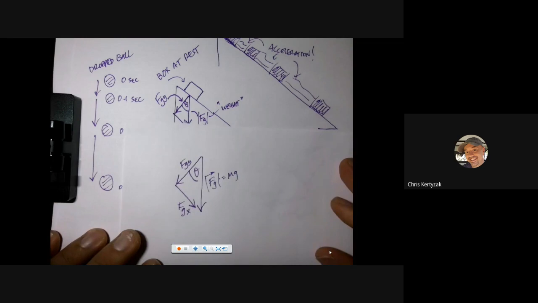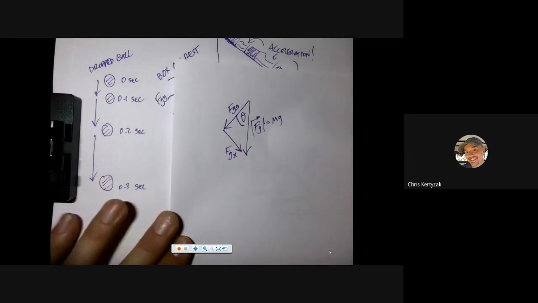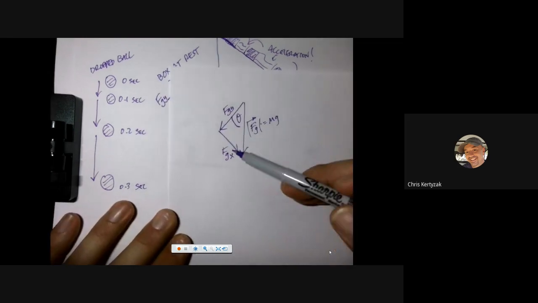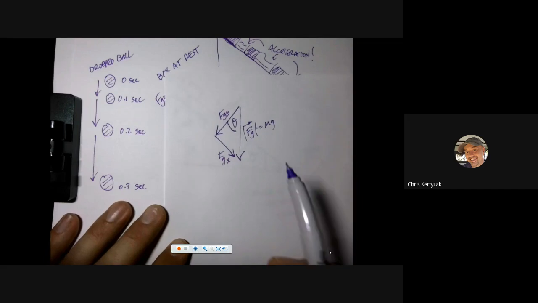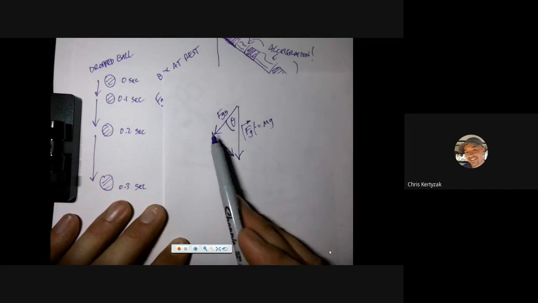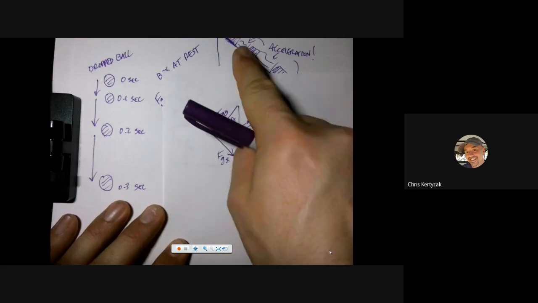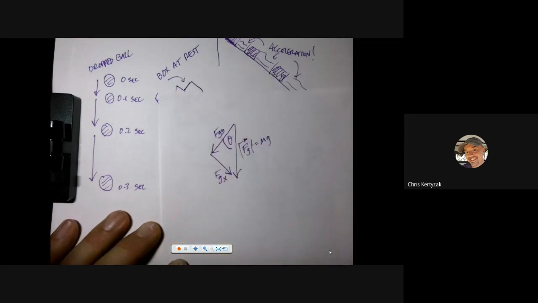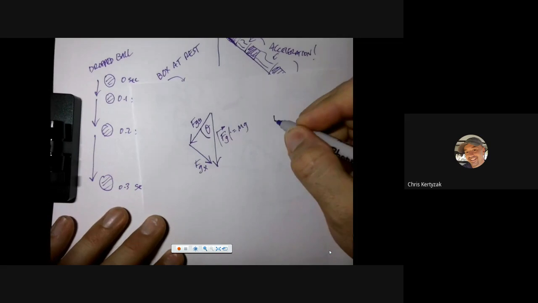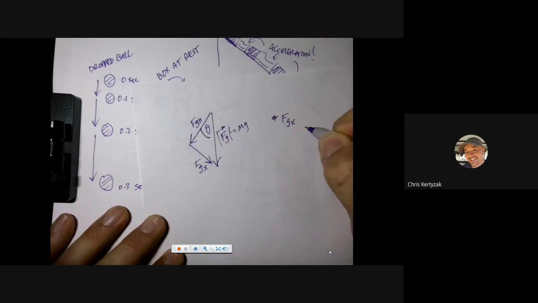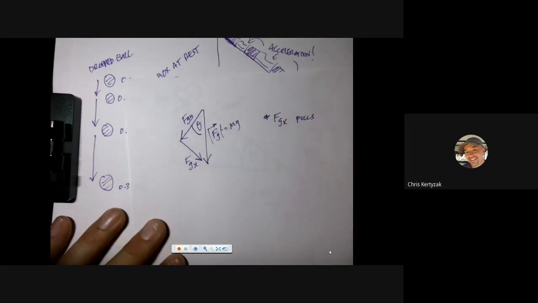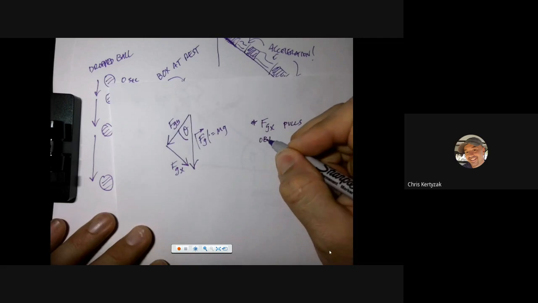Who is that force? You see that it's FGX. The x component of the weight force is effectively pulling that object down the ramp. So it's worth noting that FGX pulls the object down the ramp.